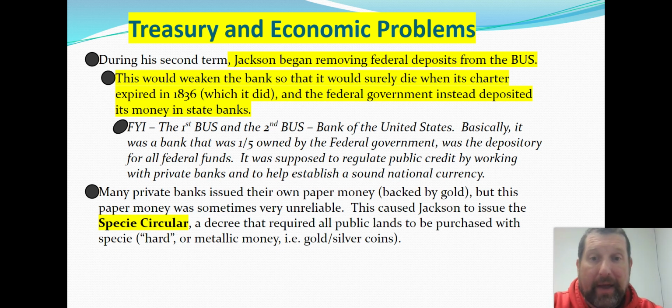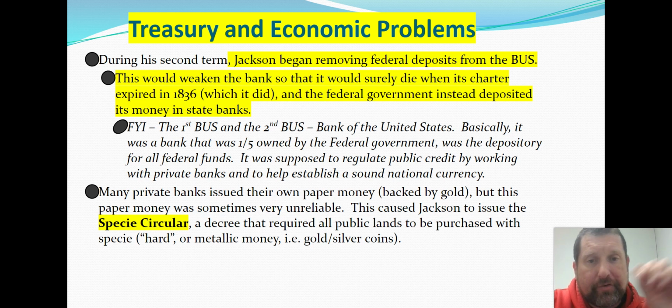A lot of private banks begin to issue their own paper money, oftentimes backed by gold, what we would call hard money or specie. And if they're not backed, or if the specie is in low supply, this paper money is very unreliable. So again, it's a self-inflicted wound, where Jackson's revocation of the Bank of the United States leaves the economy in a bit of shambles.